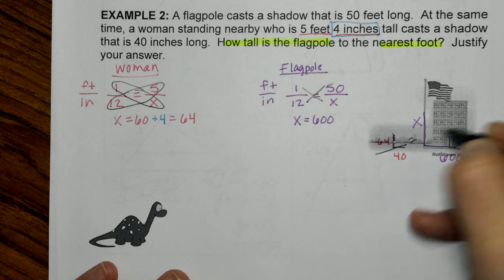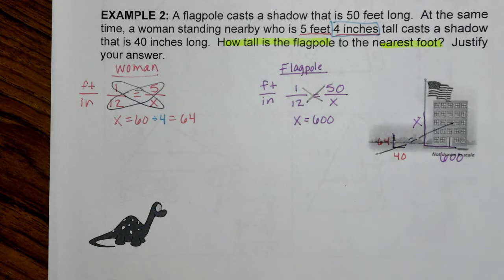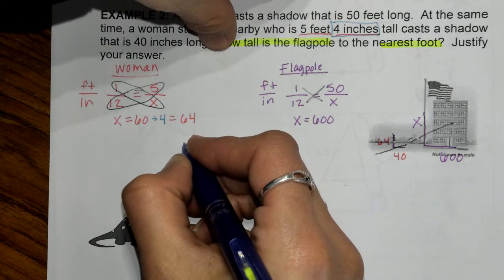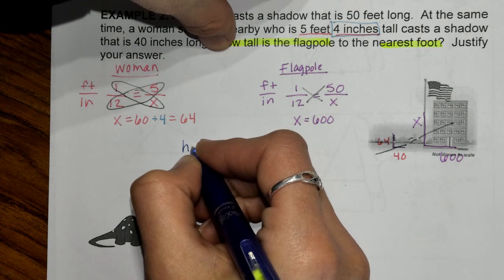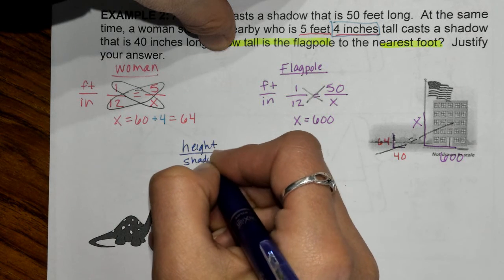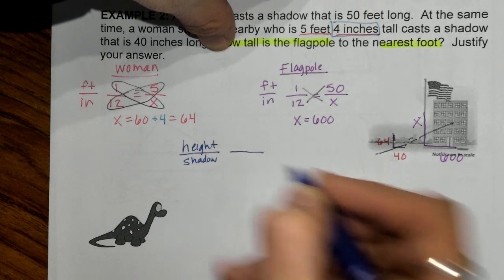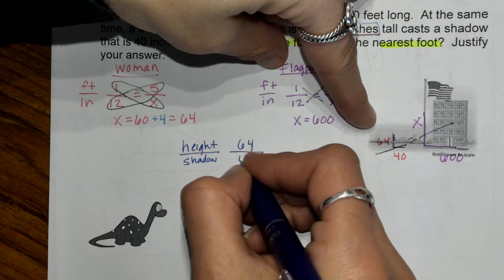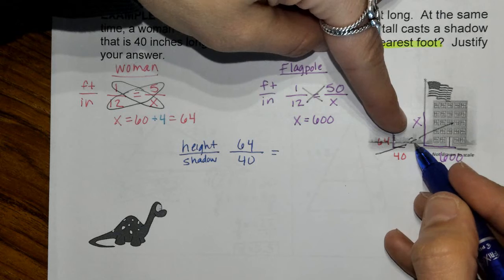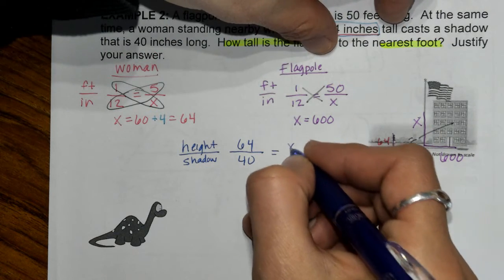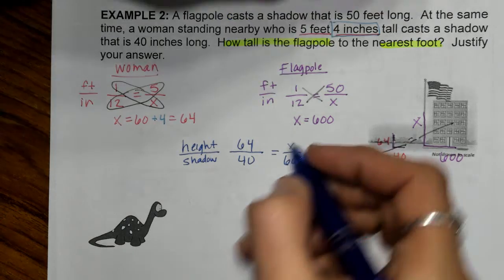We're going to set that equal to x over 600. I'll put my little legend, my little key: height over shadow. So the height of the girl was 64, her shadow was 40, and that will be equal to x over 600.